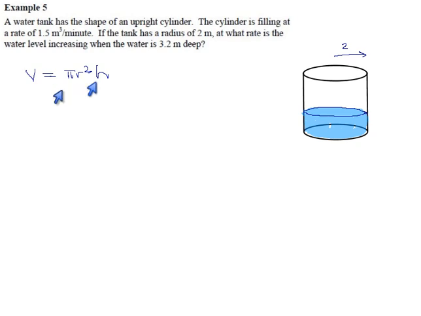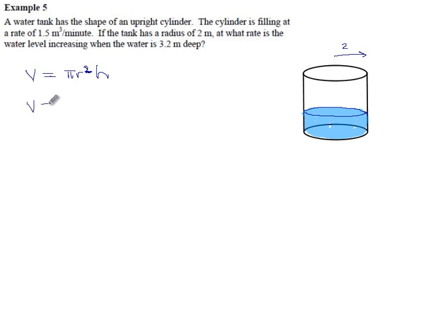There are two ways to handle a cylinder with two letters in it, and I'll show you the easier one first. The easier one is because r is fixed at 2, no matter where you are or how full the cylinder gets. We can treat it as a constant.